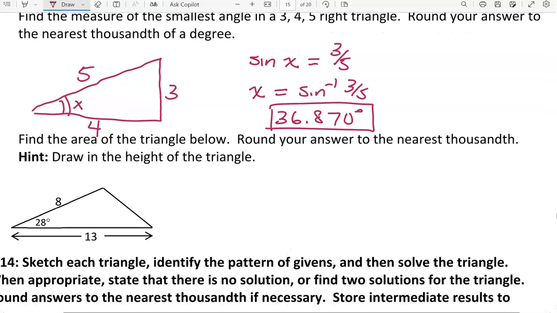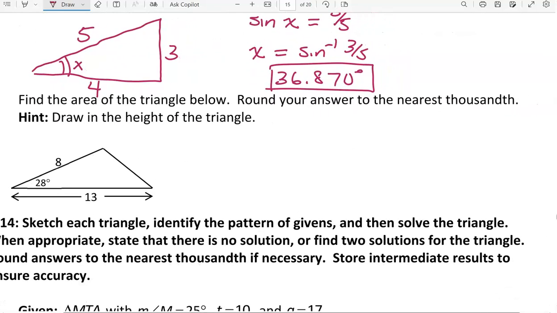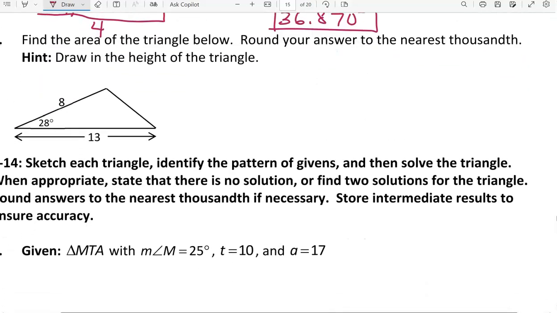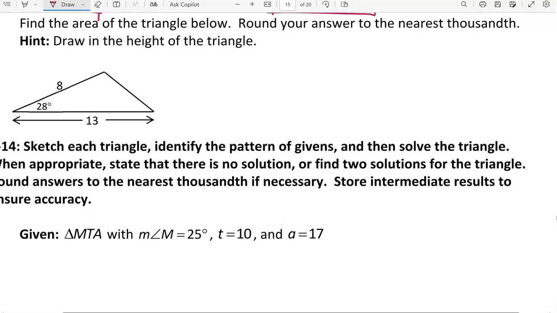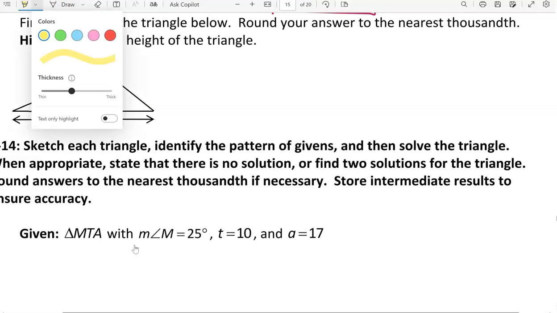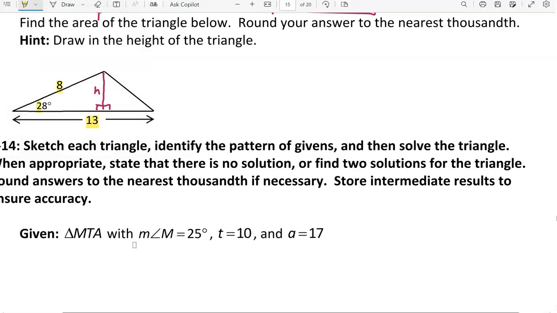All right, we're going to find the area in number 7 of this triangle and round the answer to the nearest thousandth. Hint, draw in the height of the triangle. So I'm going to draw in the height, and the height splits that 13 into two pieces, not equal. But what we can notice is that we do have a right triangle over here on the left side.